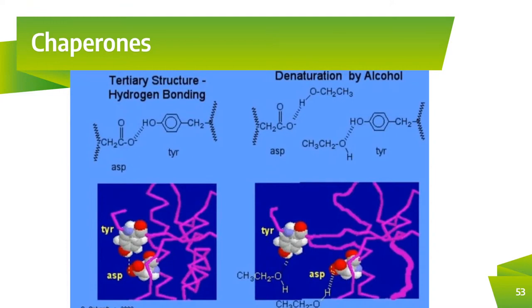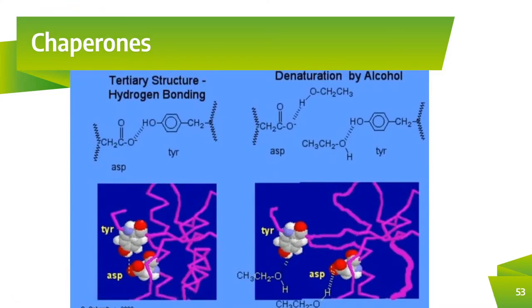And here's one of those hydrogen bonds that can happen between asparagine and tyrosine. You see the hydrogen bond is between this H and this O. And in a 3D structure, you would see down here, it's maybe a little low resolution, but I hope you can see it. So this is what would happen with water.